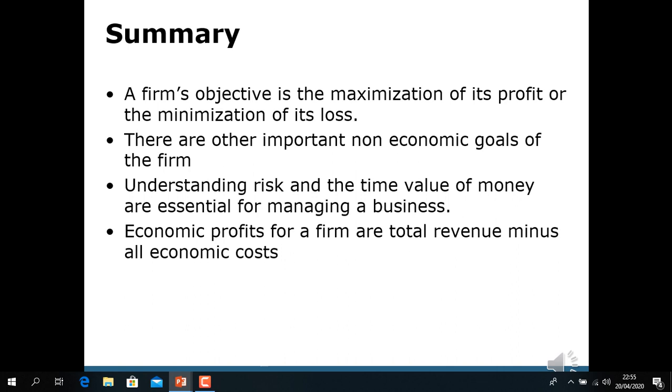Understanding this, the time value of money is essential for managing a business. And the last one, in this chapter, we can conclude that economic profit for a firm is total revenue minus all economic costs.